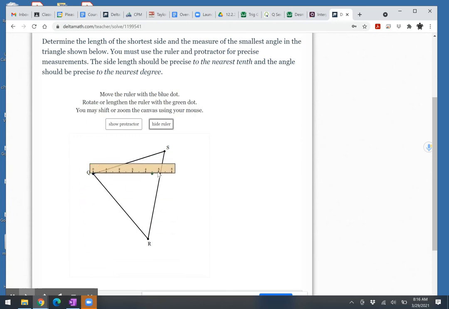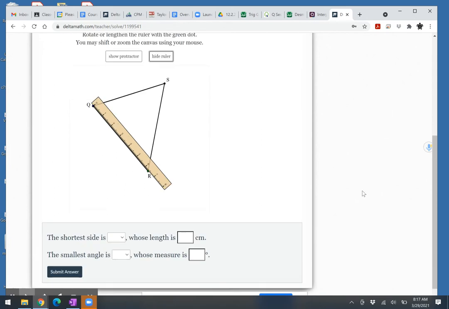I can put this here and I can put that there, and that looks like, I don't know, 6 in. the shortest side. Okay, so what does it want? It wants from me the shortest side. So that one was 6, just a little over 6 inches. This one is a little over 5 inches.